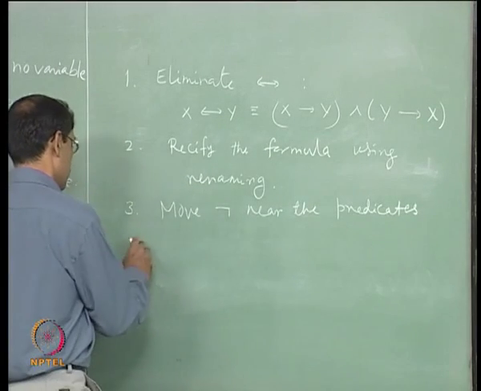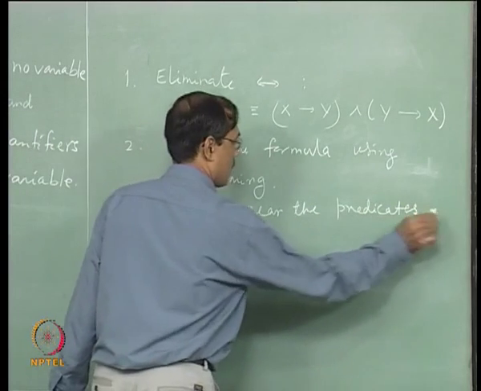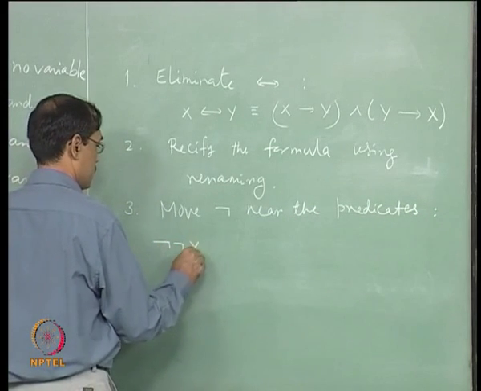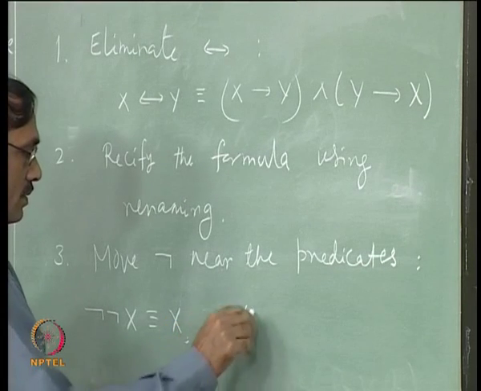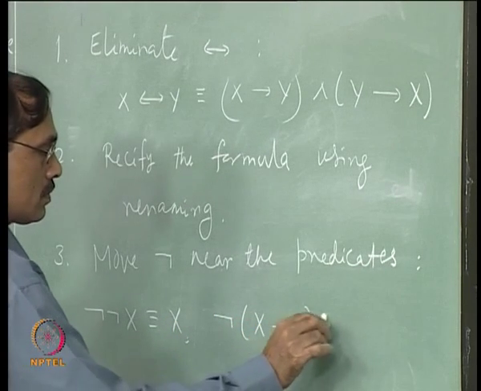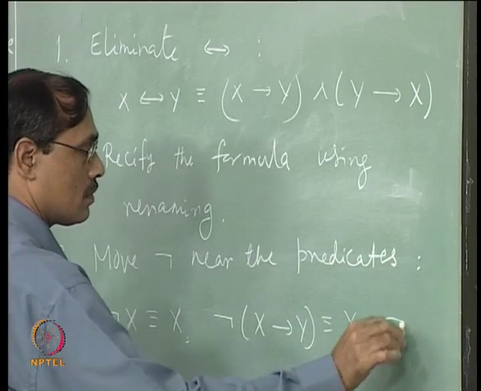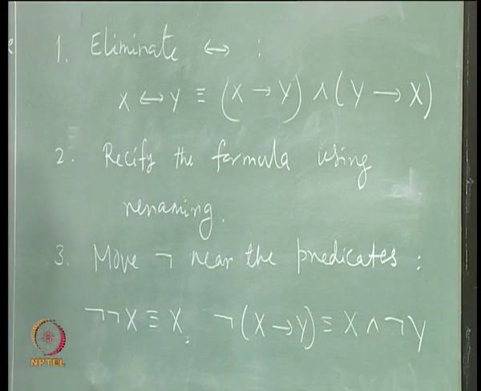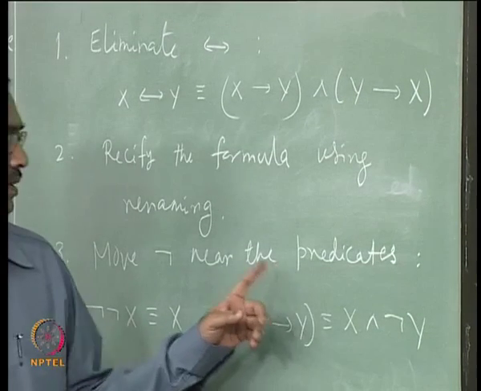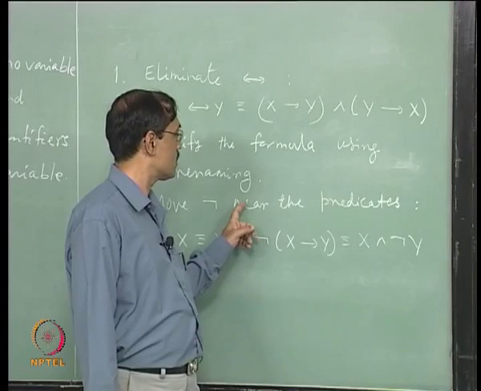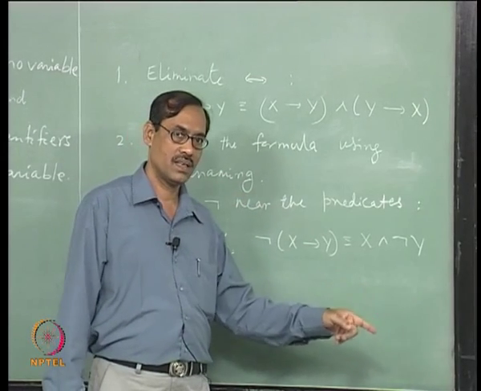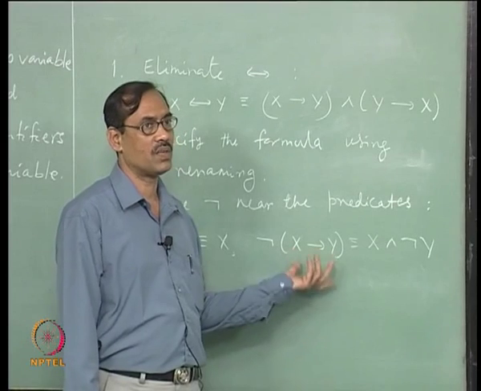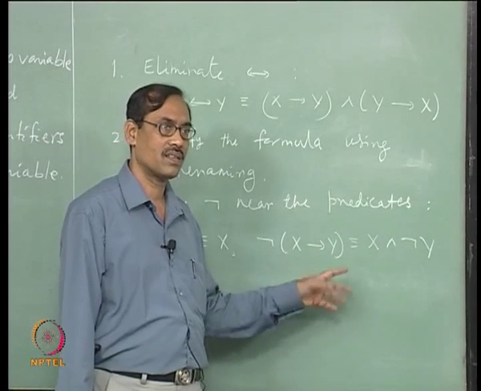So, this can be done by using double negation, then implication, okay, and then De Morgan. So, here, if you want them to move near the not signs near the predicates, you have to use other two also with and or, right.